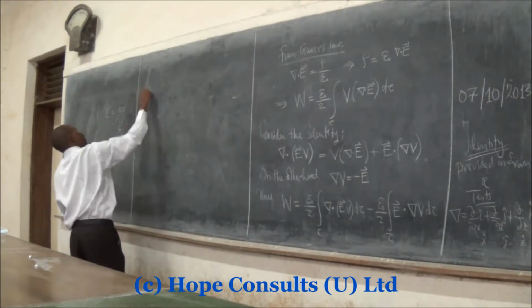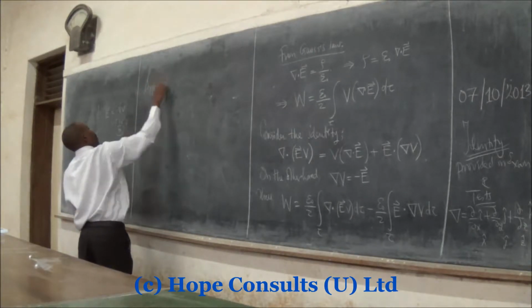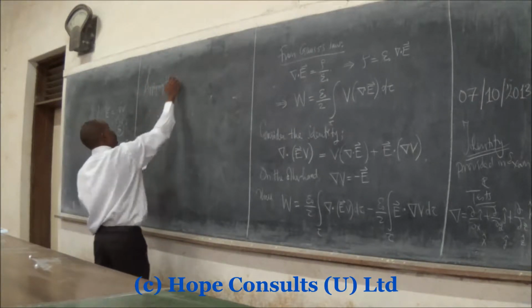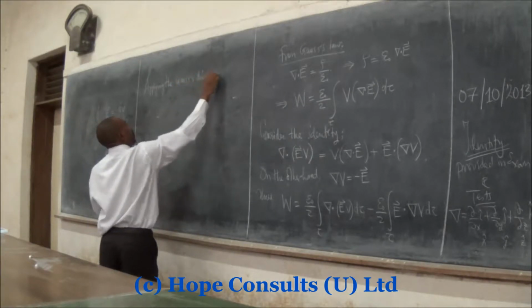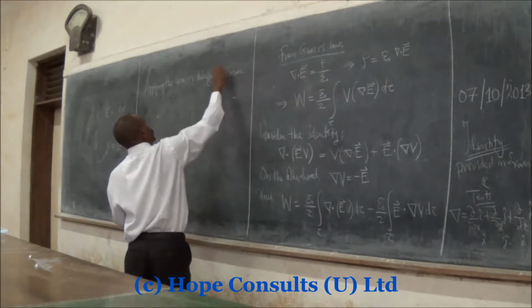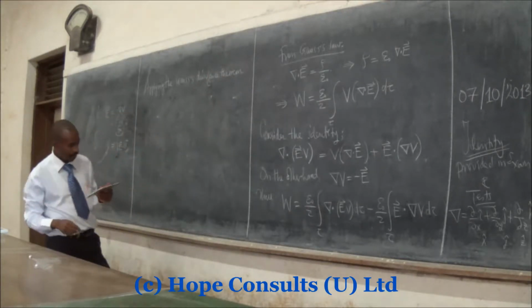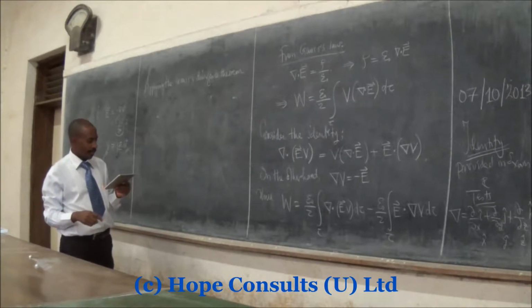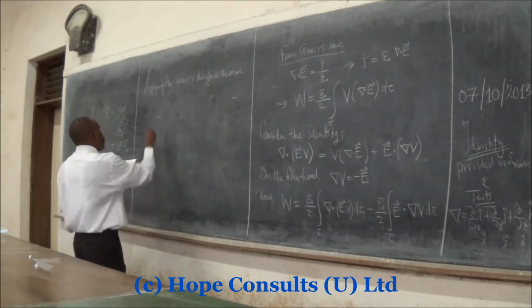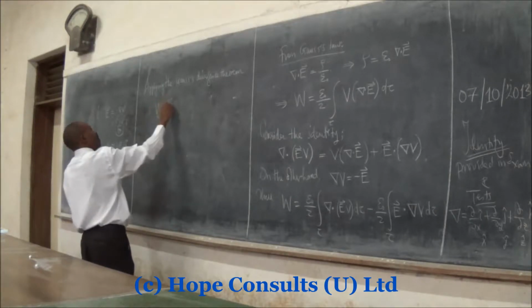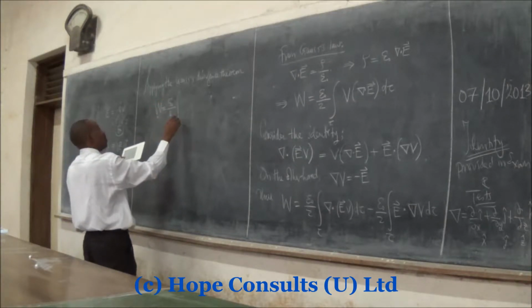So applying the Gauss's divergence theorem, which we normally apply when we are transforming from the volume to the surface, and we apply Stokes' theorem to transfer from where to where? So our work done will be the same as epsilon naught over 2 integral.